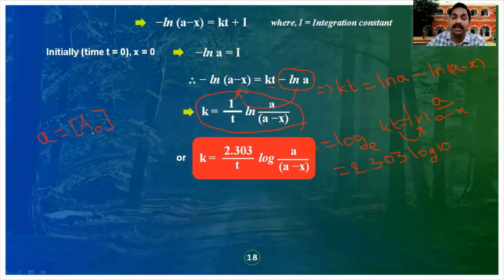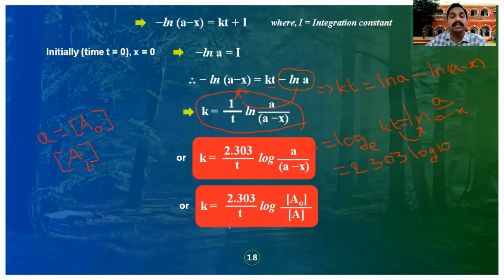And what is a minus x? The concentration of A left behind at time t. We can write it simply as the concentration of A, or the concentration of A at time t. So k is equal to 2.303 by t log of concentration A naught divided by concentration of A. This is the expression of the first order rate constant.